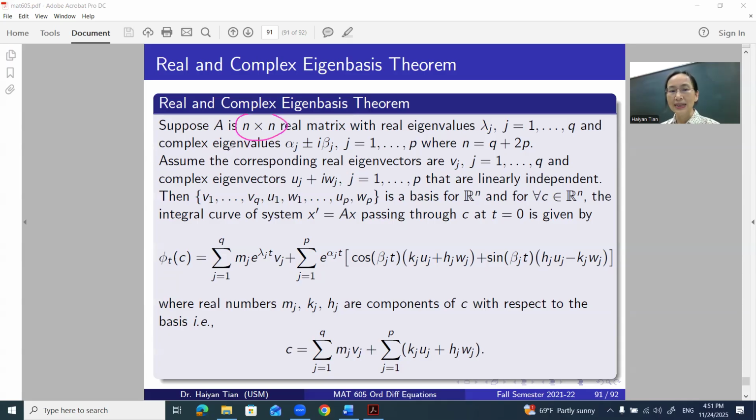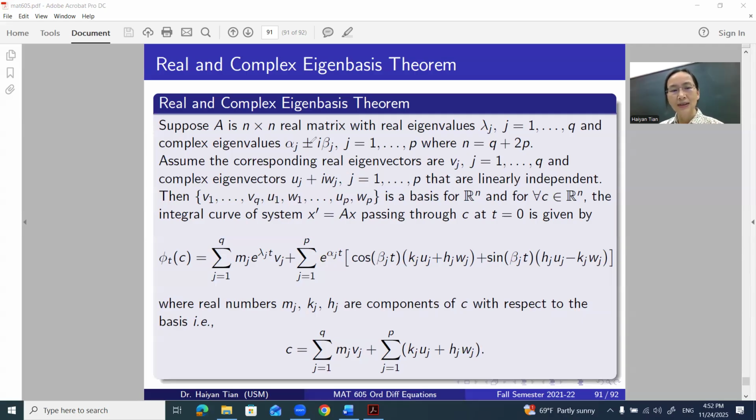That means for this n by n matrix, if we have n independent eigenvectors, it's okay if some eigenvalues are repeated. Then we have this combined version that is called the real and complex eigenbasis theorem.